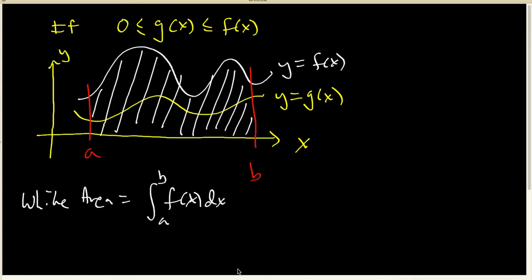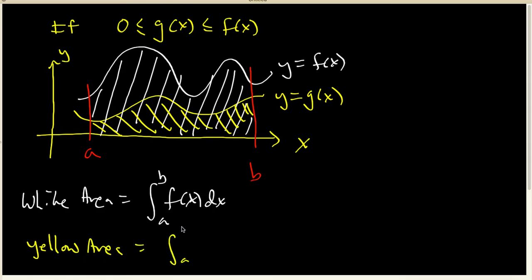Now I want to shade in some yellow area. This yellow area, of course, is the integral between a and b of g of x dx.